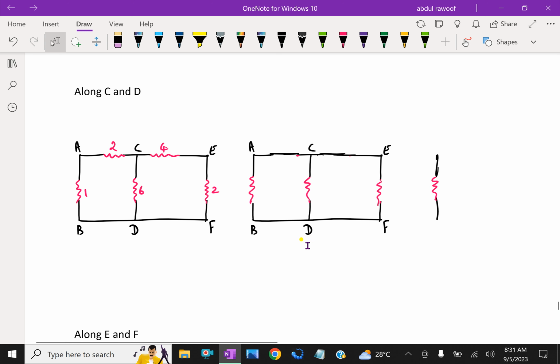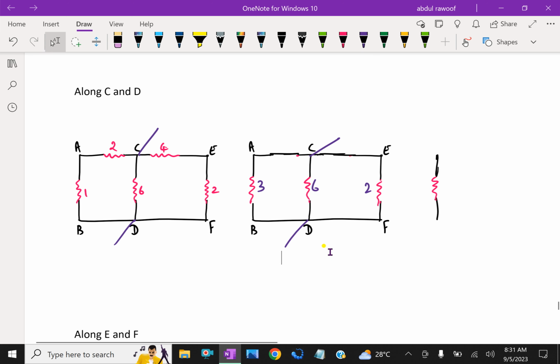Here C to D, there are 3 parallel paths. Then 2 and 1 is here 3, and this is 6, this is 2 ohms. These are 3, 6 and 2. Then C to D we are doing.